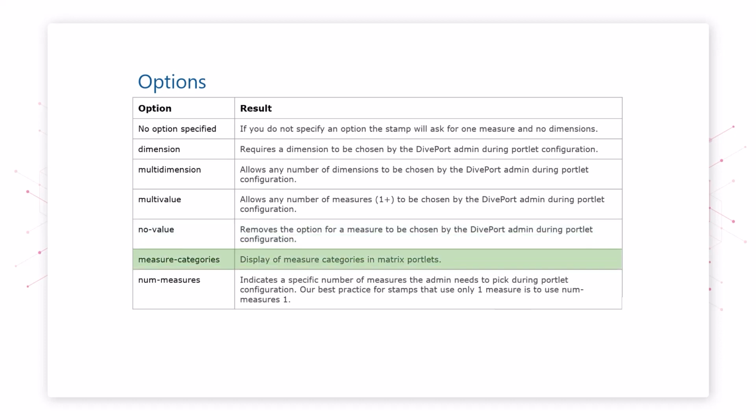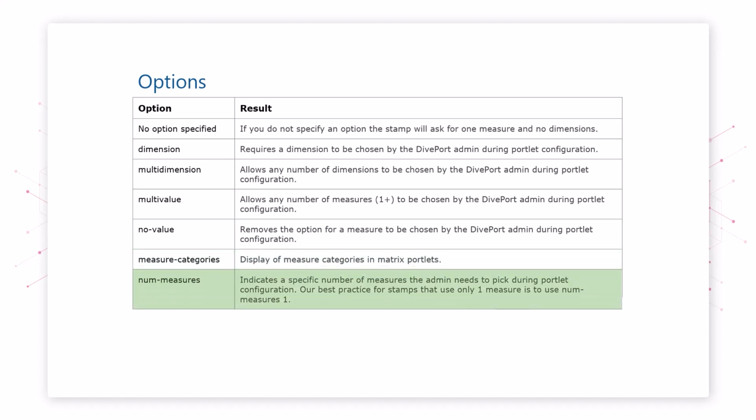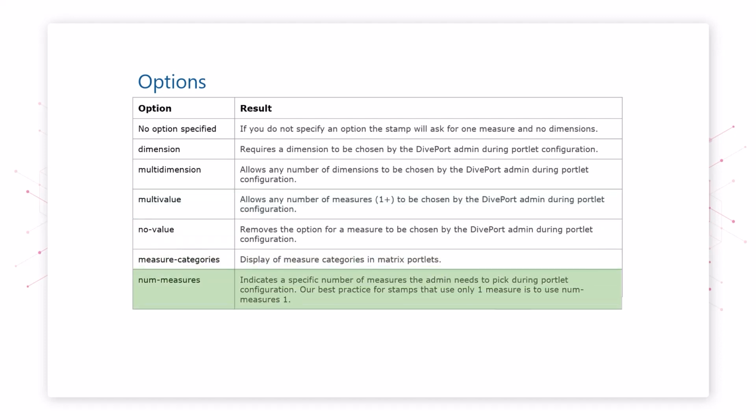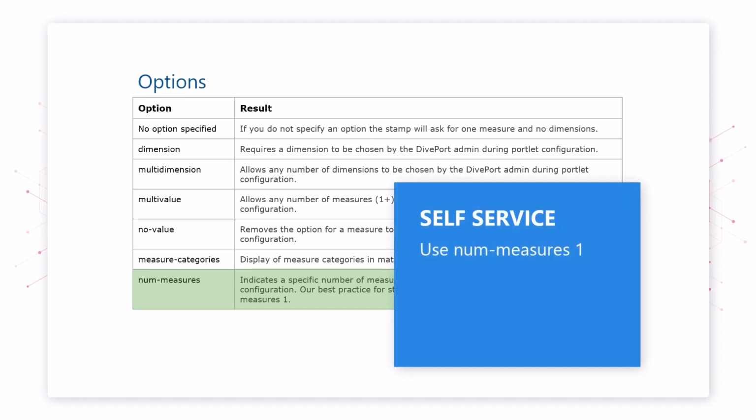Measure categories will display the measure categories in matrix portlets, and num measures indicates the specific number of measures you want the DivePort administrator to pick. Multi-value will allow you to select any number of measures, but if you want to specify a specific number, you can use num measures. Our best practice for stamps that use self-service is to use num measures 1.